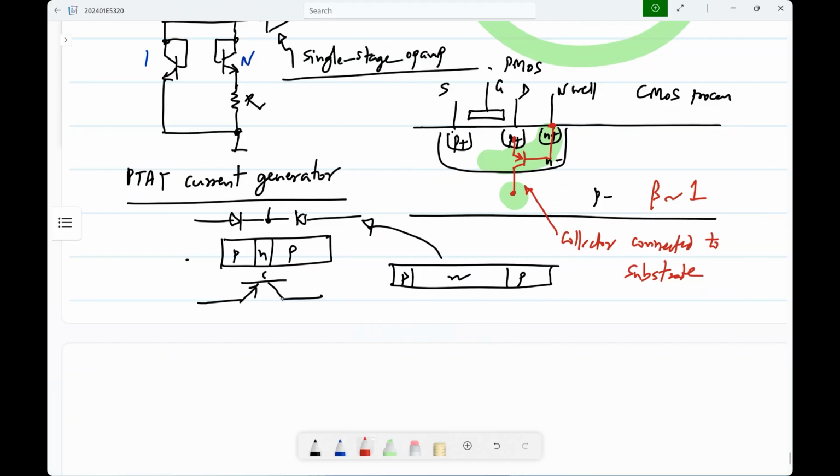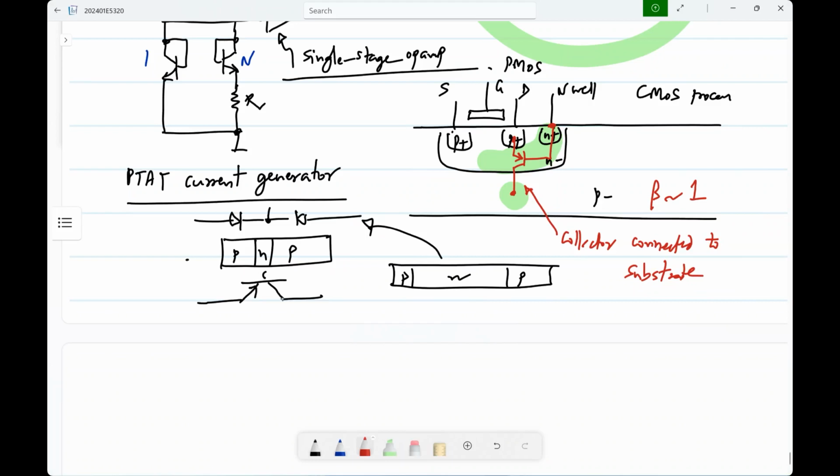So how will we deal with this now? Can we use this transistor? We can't use it everywhere, but at least for this PTAT generator, will we be able to use it? You have a transistor, but of course you can't touch one of its terminals.